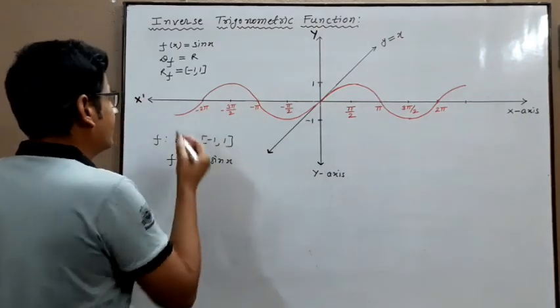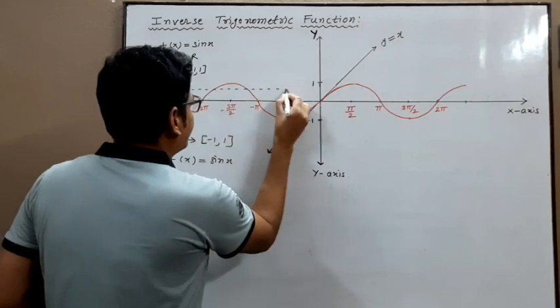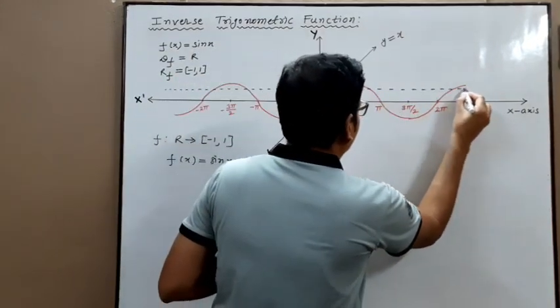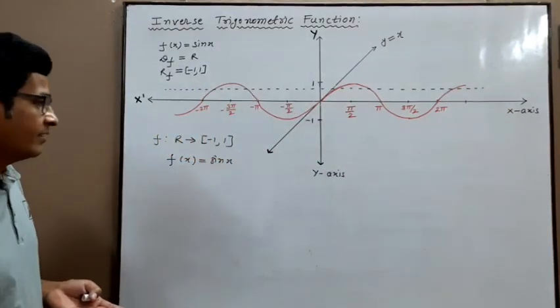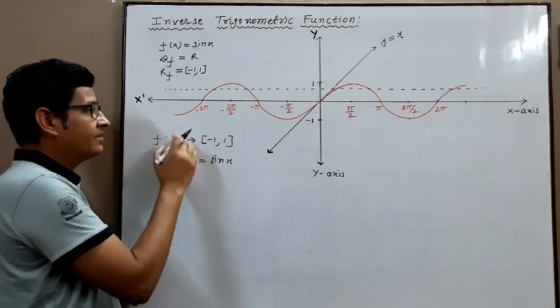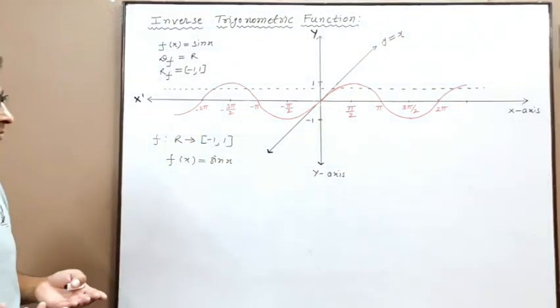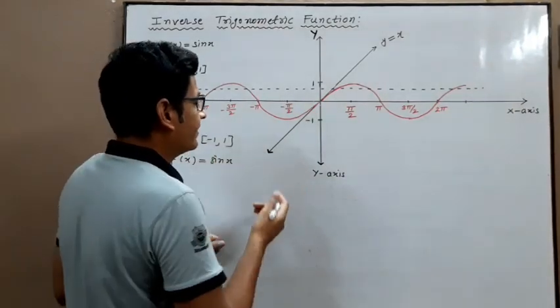Draw a horizontal line, we can use the horizontal line test. If we draw a horizontal line, it intersects at more than one point, which means in the interval R this function is not one-one. It is many-one.